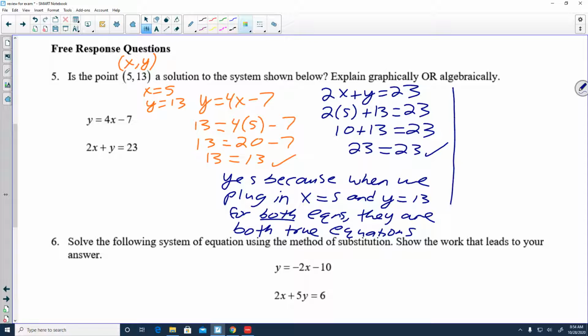So you could write this, you could write everything that I just wrote, or you can see if they intercept graphically.